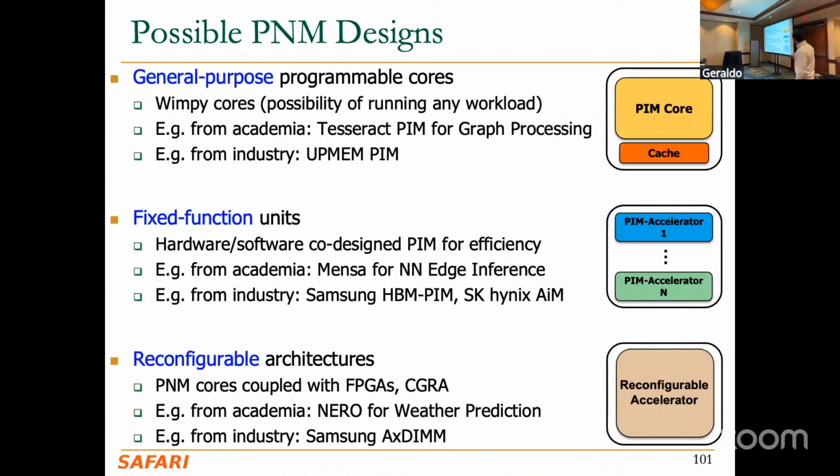What I just want to highlight here is not any particular design, it's the scope that processing near memory can give to you. Designing processing near memory systems is not much different than designing whatever processor-centric system you design today. We can design general purpose systems, fixed functional unit systems, or reconfigurable architectures in a processor-centric manner.